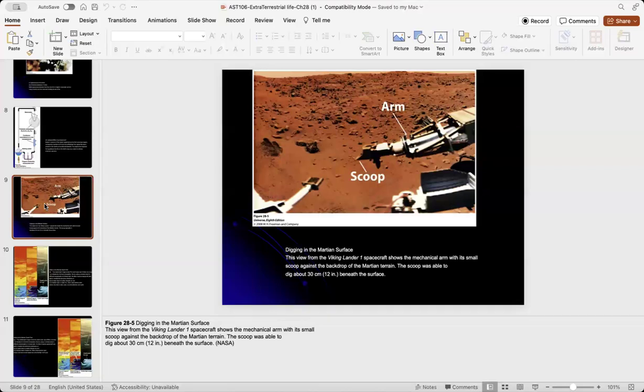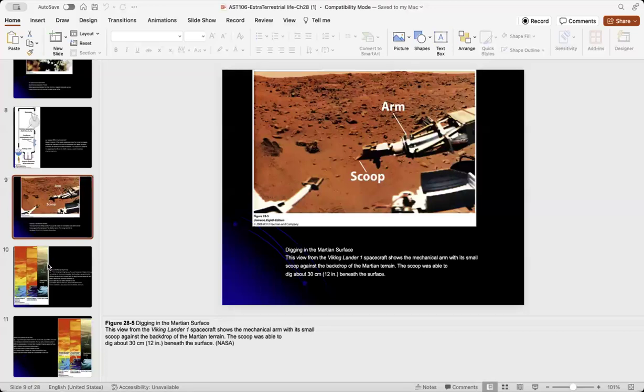This view from Viking lander spacecraft shows the mechanical arm with its small scoop against the background of Martian terrain. The scoop was able to dig about 30 centimeters beneath the surface and get the soil and do a few experiments like gas exchange experiment, the pyrolytic graphite experiment, and photosynthesis experiment. However, there were no conclusive results found.